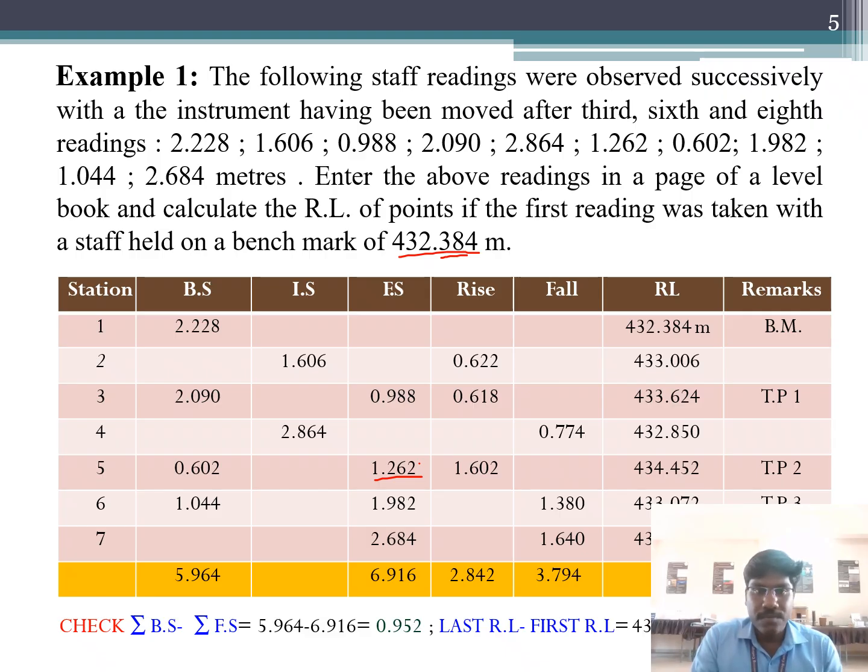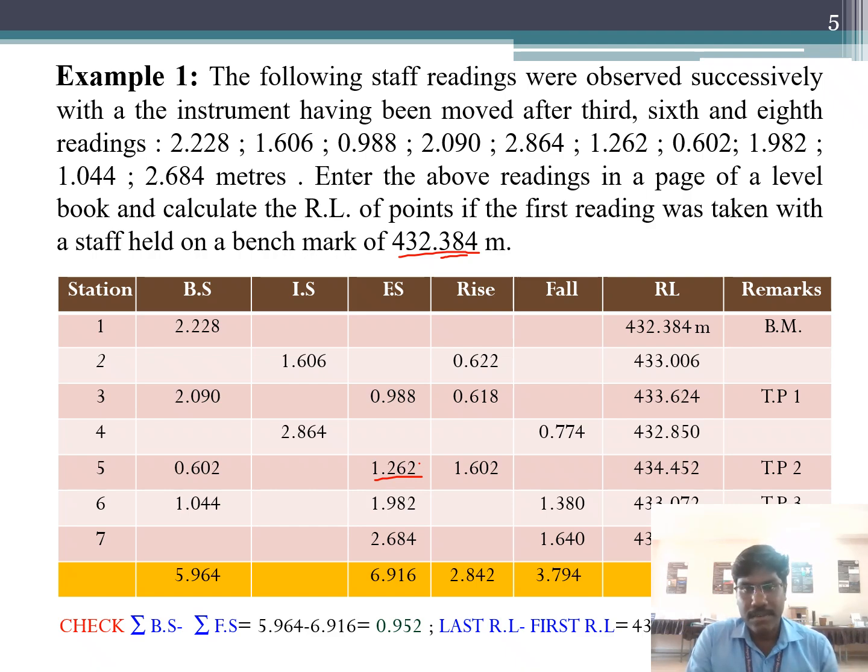Before the 2.684, you can note 1.044 under the backside. So after the eighth reading, the instrument is shifted, so 1.044 is the backside. The last reading is 2.684 under the foresight reading. In this way we record the staff reading in the level book.